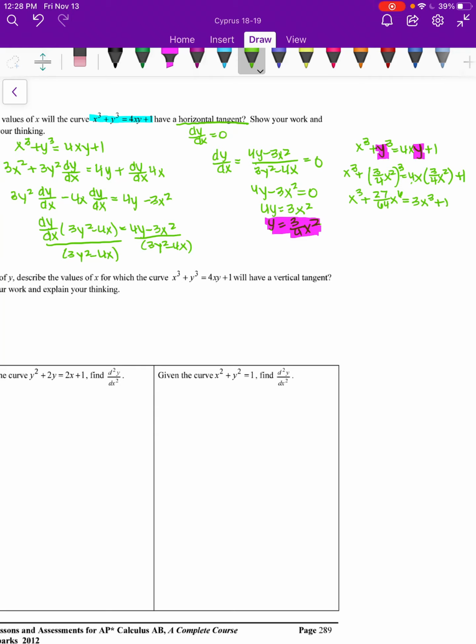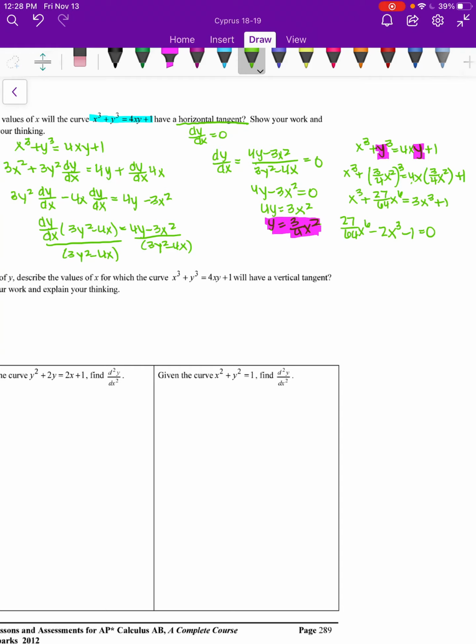Now combine like terms, get everything to one side. We're going to end up with 27/64 x to the sixth minus 2x to the third minus 1 equals 0. And I set it equal to 0 because if we're solving for x and we have a polynomial equation like this, we want it set equal to 0.